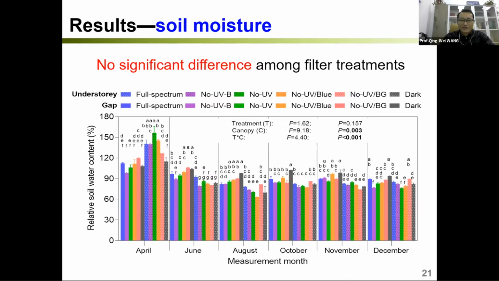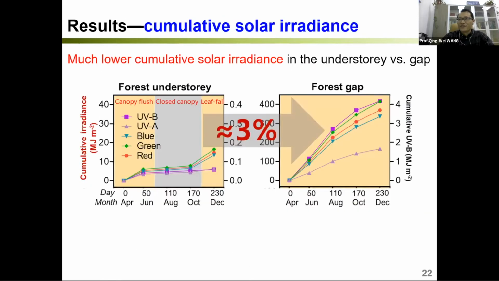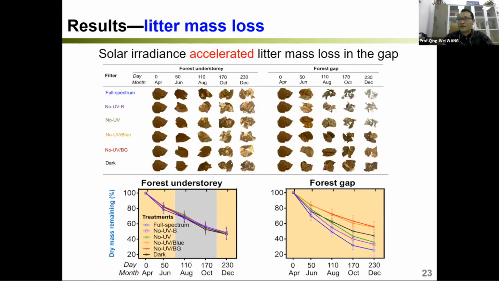And the second point about microbial, yes, we really found some effects from microbes or the larger soil animals. For example, in the understory, we can see before 110 days the color did not change too much, but later the color became much lighter and yellow.